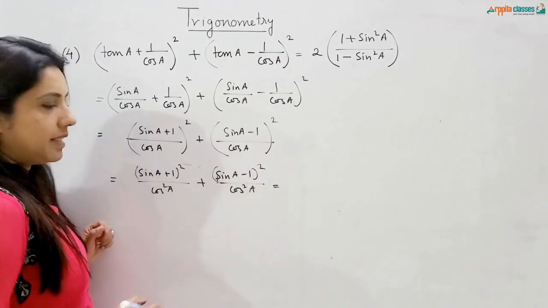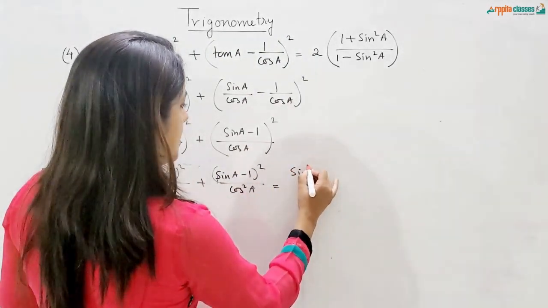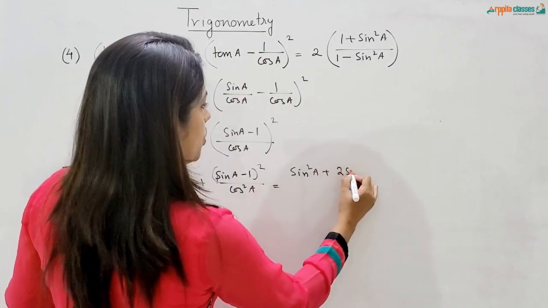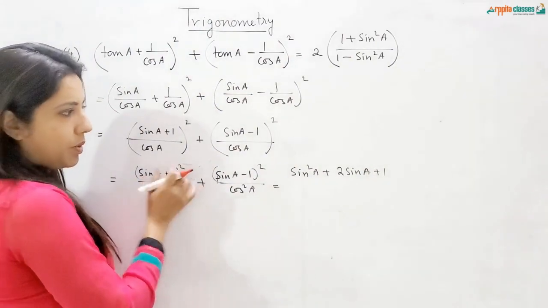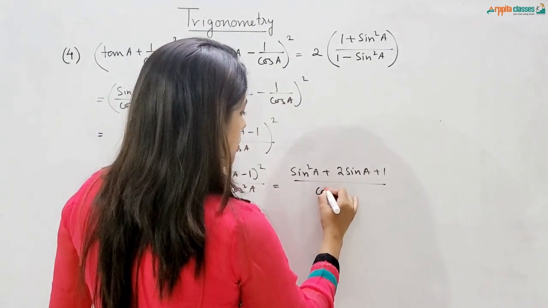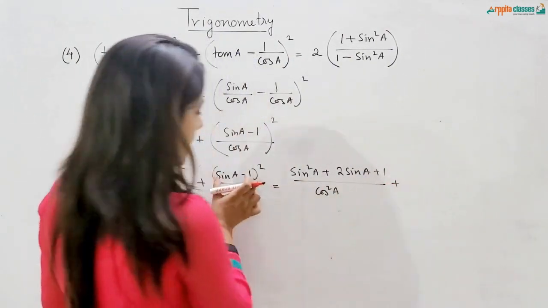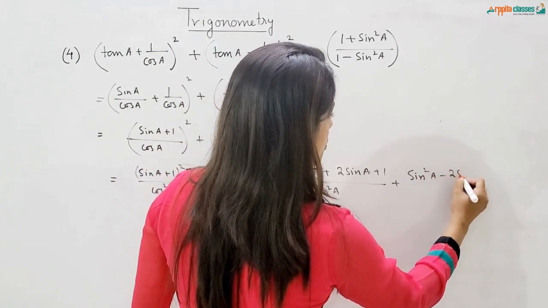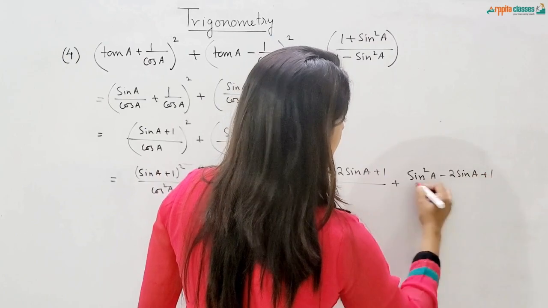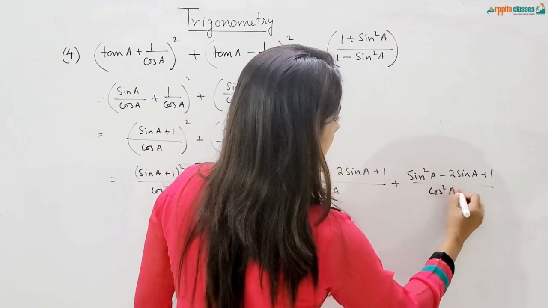Let us expand it. This will be sin square a plus 2 sin a plus 1. I expanded in the form of a plus b whole square upon cos square a plus this a minus b whole square, sin square a minus 2 sin a plus 1 upon cos square a.